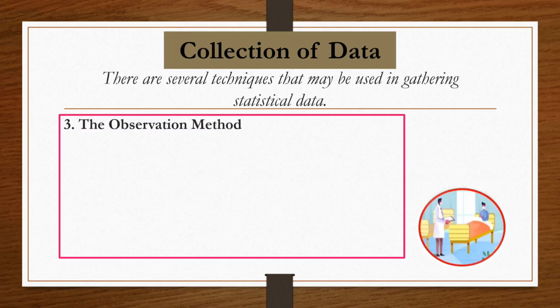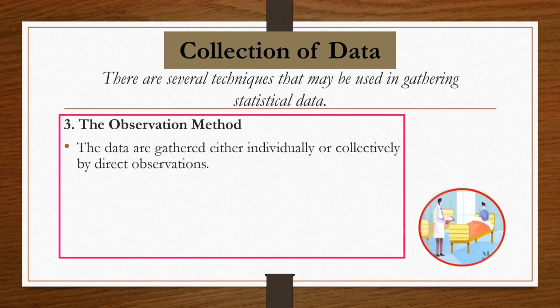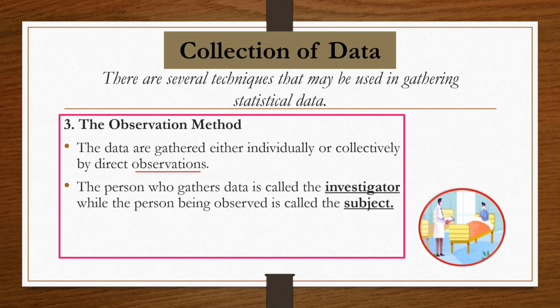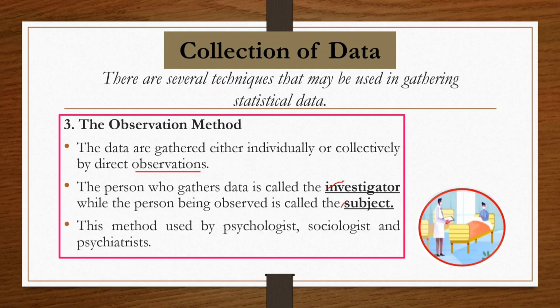The third one is the observation method. The data are gathered either individually or collectively by direct observations. The person who gathers the data is called the investigator, while the person being observed is called the subject.